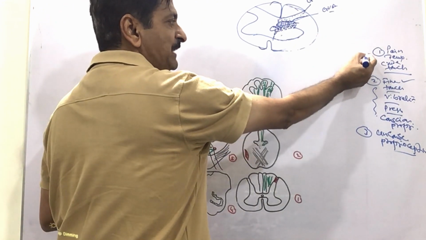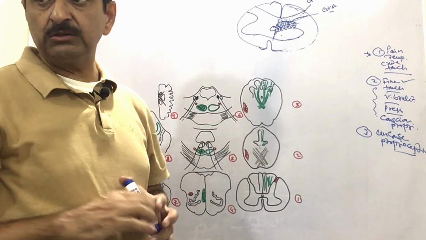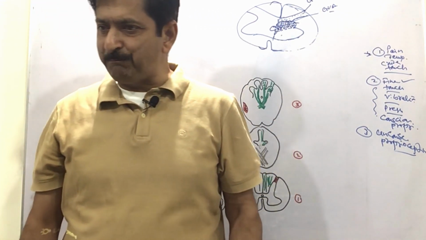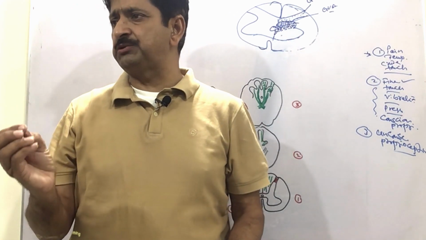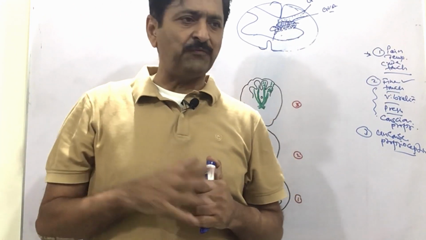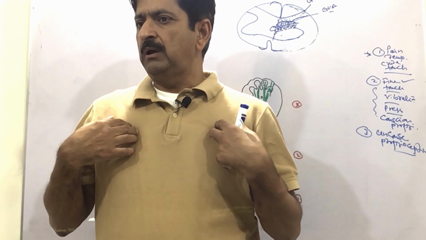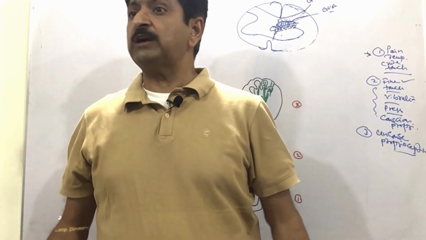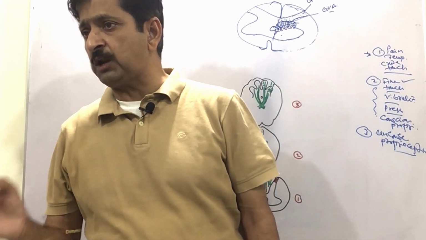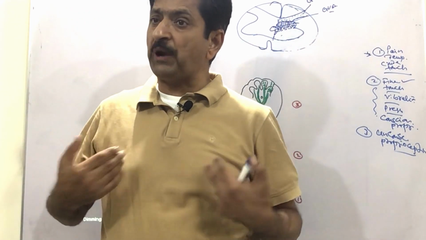So for pain, temperature and crude touch: if you are being touched somewhere, you say I am being touched, but it is crude information. It is rough information. You don't have information about where you are being touched, whether the touch is through a sharp object or a blunt object, or whether you are being touched at two points or not.